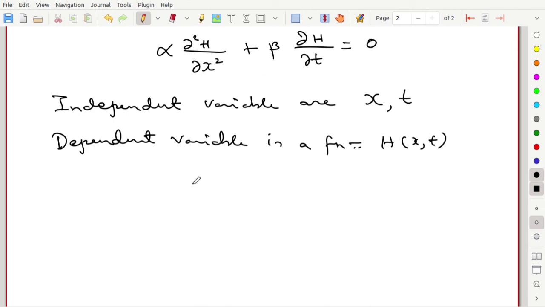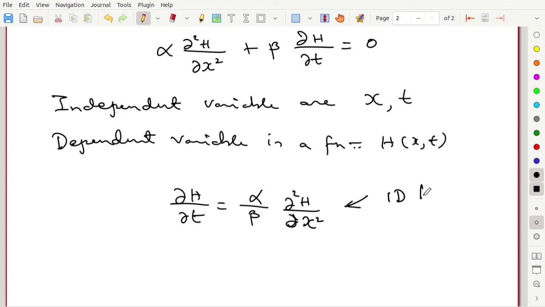In a more general form, it is represented as ∂h/∂t equals some constant c, or alpha by beta, times ∂²h/∂x². Okay, so this is the 1D heat equation.